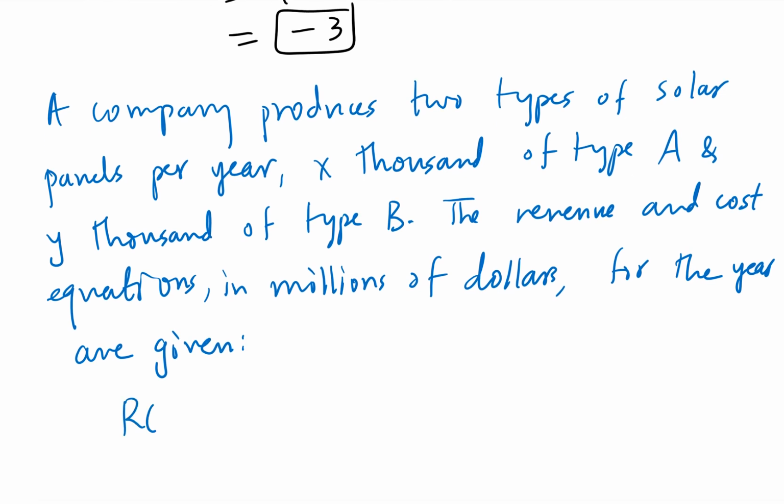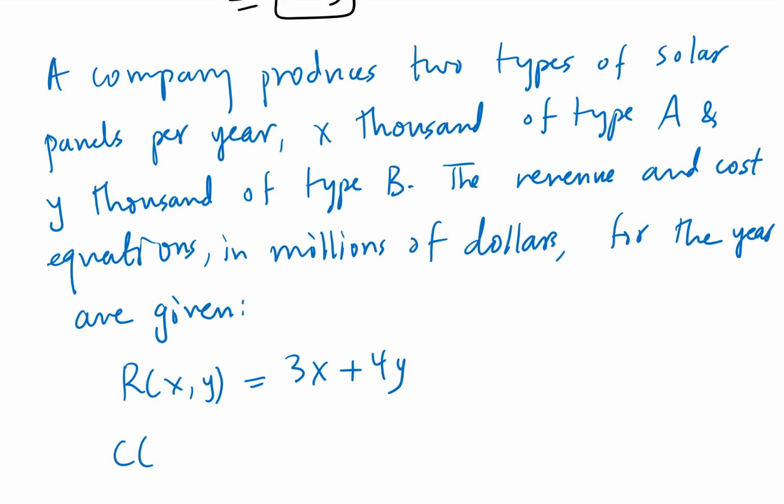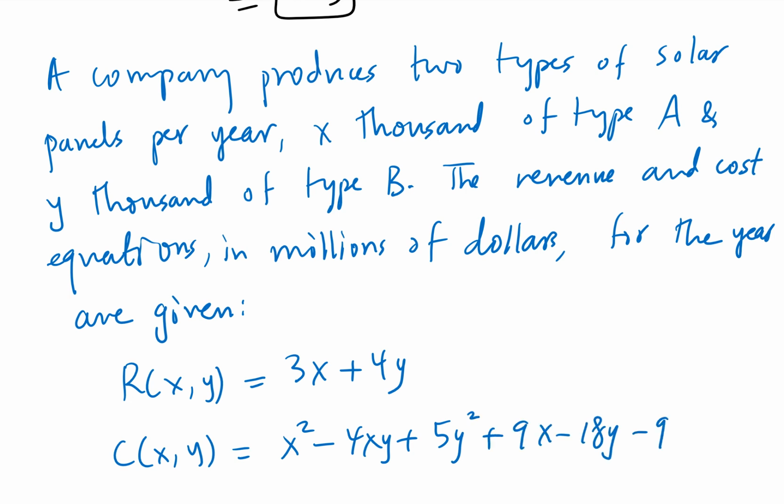The revenue R(x,y) is 3x plus 4y, and the cost C(x,y) is x squared minus 4xy plus 5y squared plus 9x minus 18y minus 9.